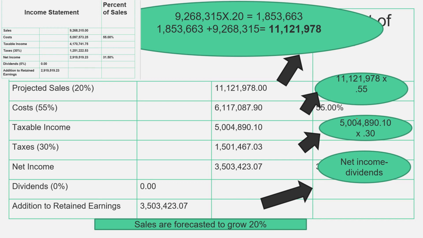But since in this example we're not paying cash dividends to shareholders, all we have to do is copy the net income to addition to retained earnings, meaning the amount will be the same. So that is our pro forma income statement.